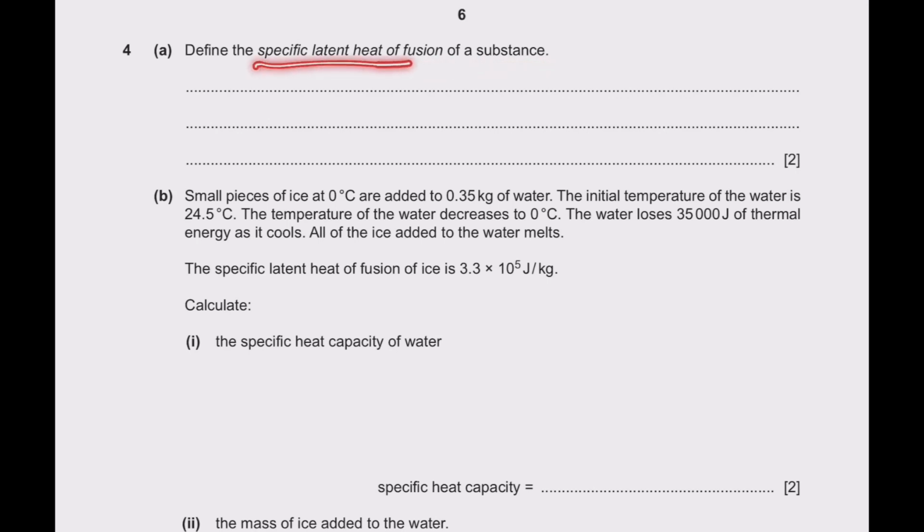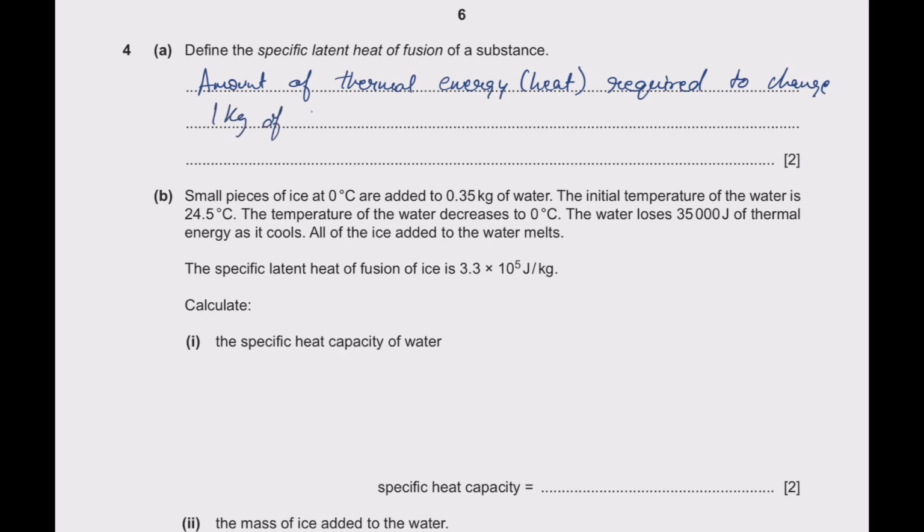So the definition of specific latent heat is the amount of thermal energy, or you can say the heat, required to change 1 kg of substance from its solid phase to liquid phase, because it is asking for the latent heat of fusion.